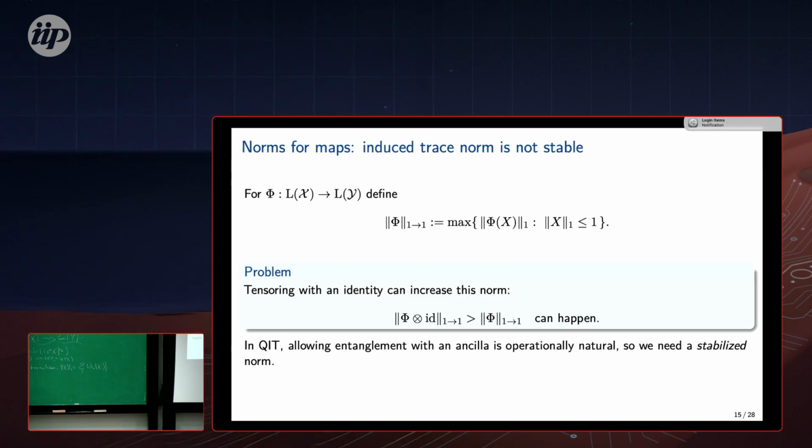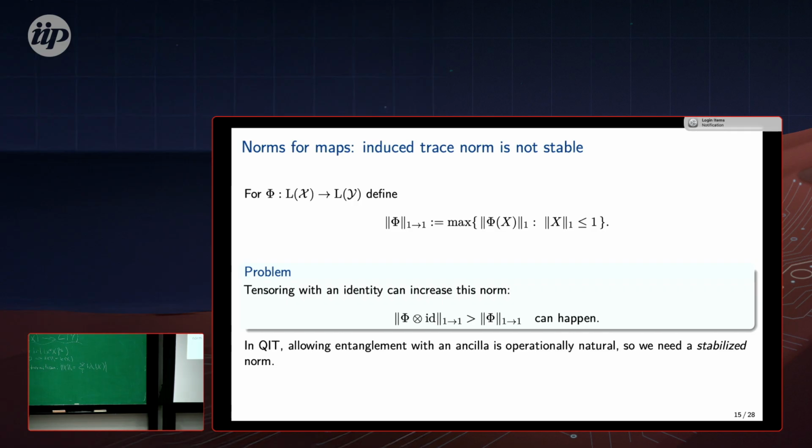So let's do that one. So if we take phi just being the transpose, then in that case, this will not change the spectrum, right? So if you just act with the transpose on a matrix, this will not change the spectrum.